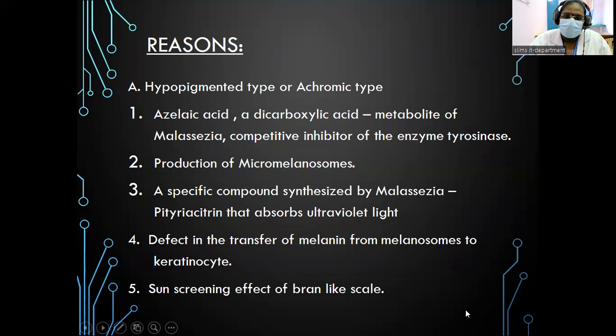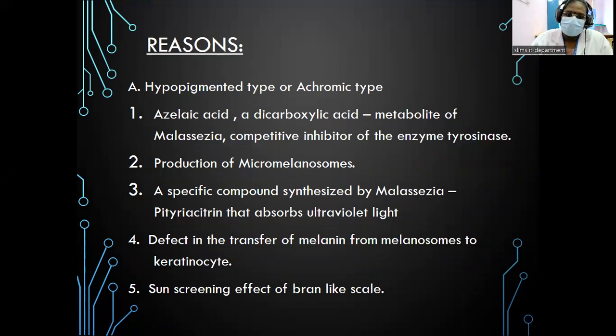The next cause is the sunscreening effect of the branny scales. There is a chemical called pityriacitrin secreted by the Malassezia species, which absorbs UV radiation, leading to hypopigmentation.